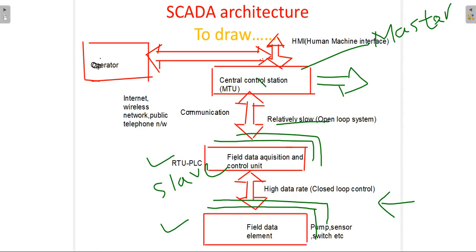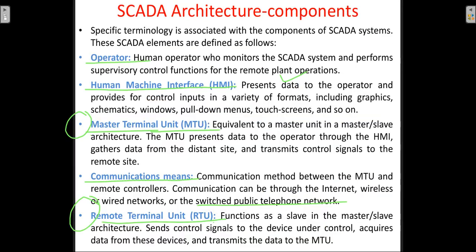Then we have the very important SCADA architecture: what you mean by MTU, what you mean by RTU, what you mean by HMI, human machine interface, what is the role of the operator, and what you mean by the field data elements. We have seen the explanation of all those things.